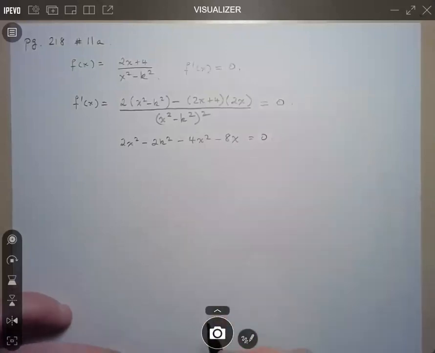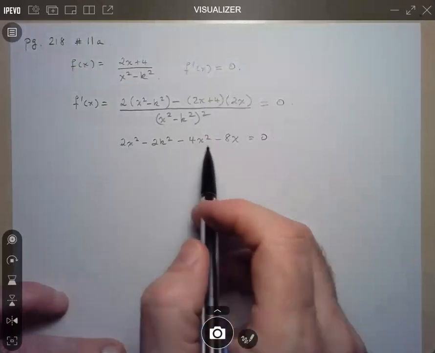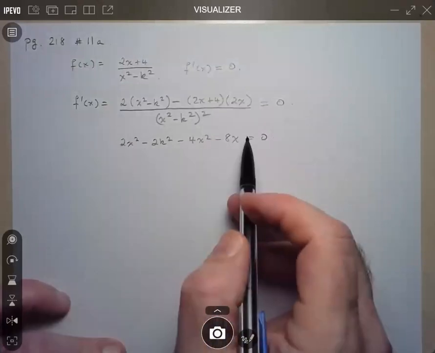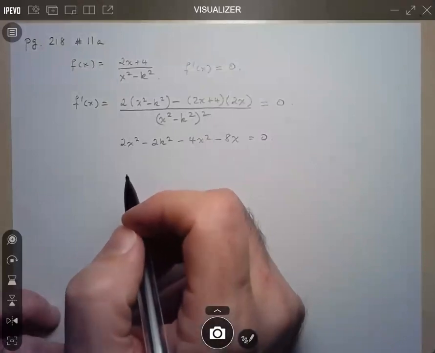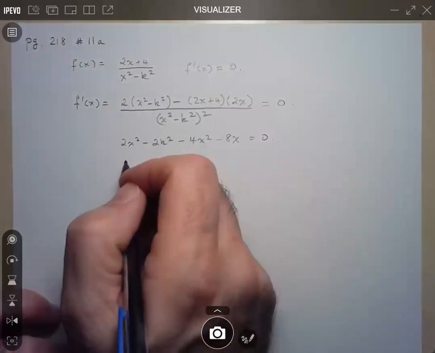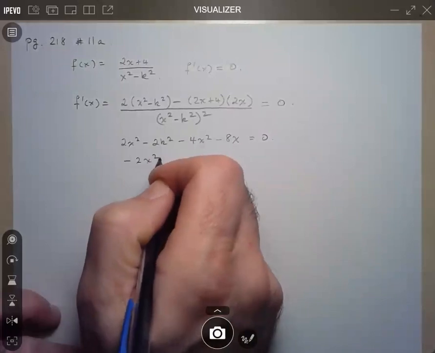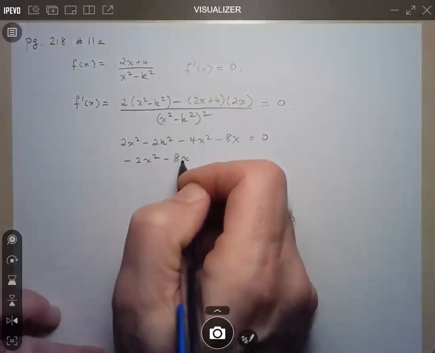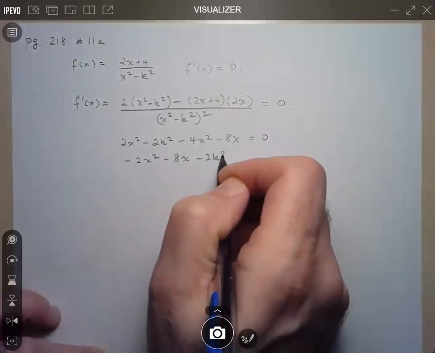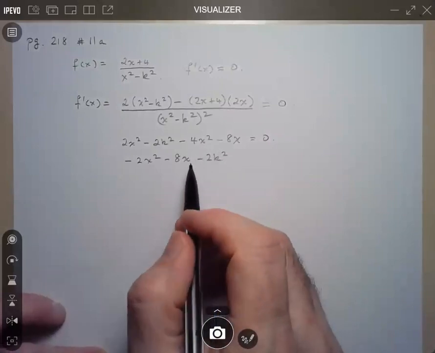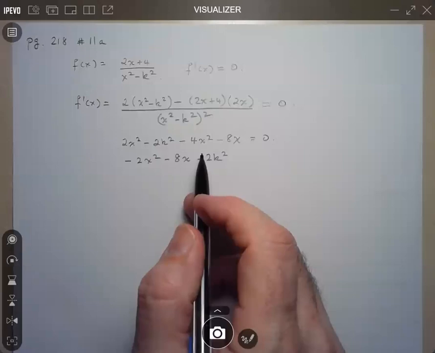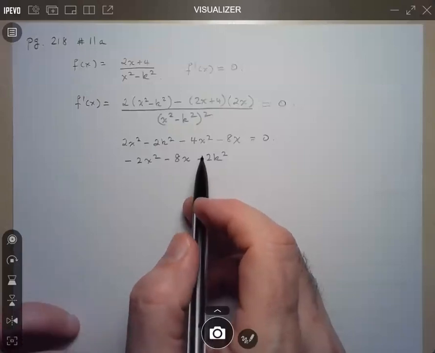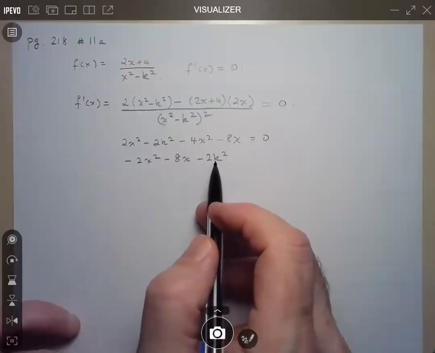What I notice is that I'm left with some sort of quadratic expression. Let's clean this up a bit more. We have negative 2x squared minus 8x minus 2k squared. Notice how I put the 2k squared last, because that's just a constant.